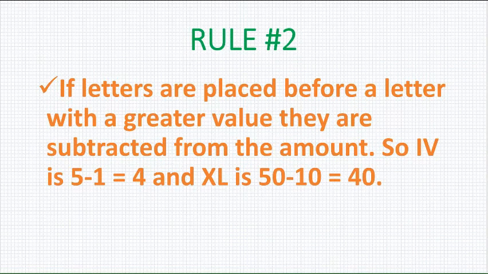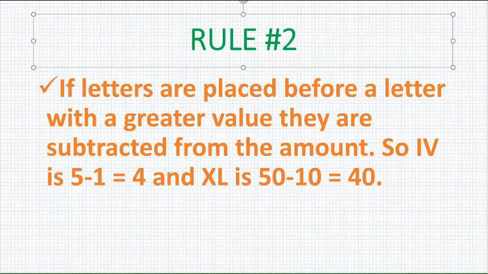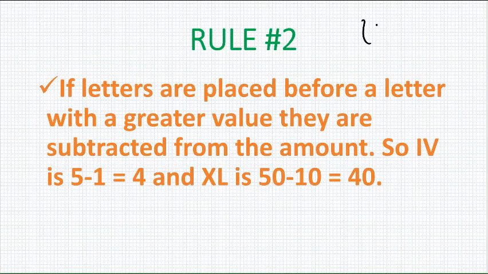Now rule number 2 says that if a letter is added before a letter with a greater value, it is subtracted from the amount. Now we know that in Roman numerals, I is 1, and we also know that V is 5.